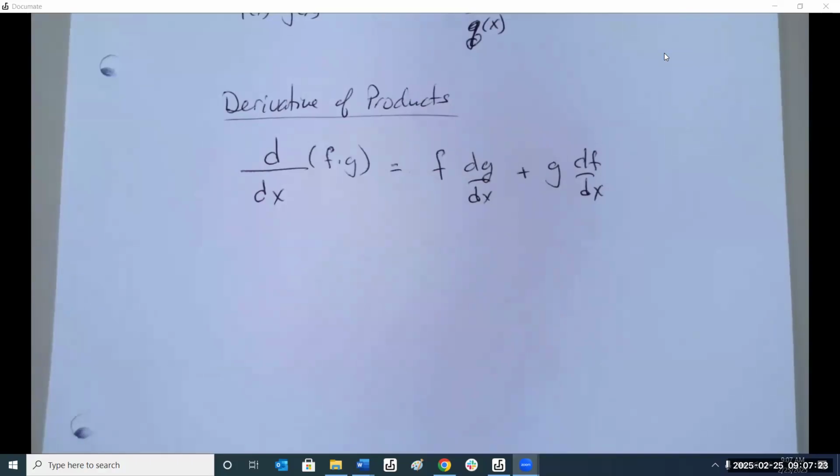Don't worry about it. Don't memorize this. This is just a rule. I'm going to show you a shortcut for this.